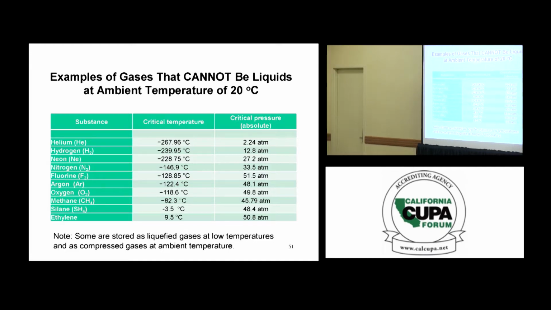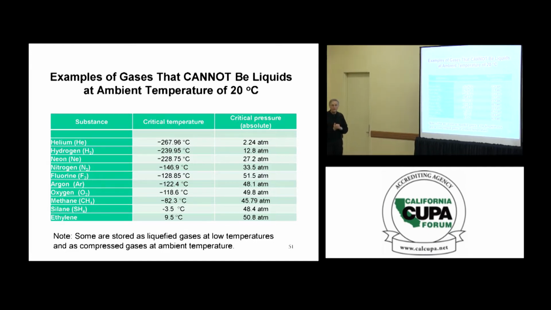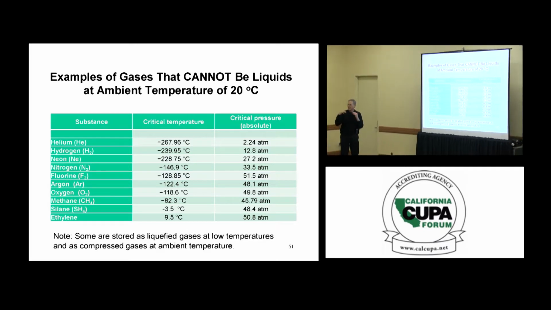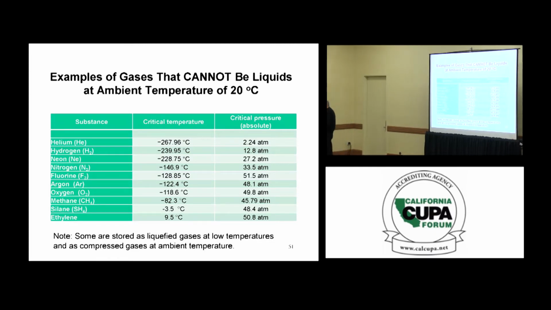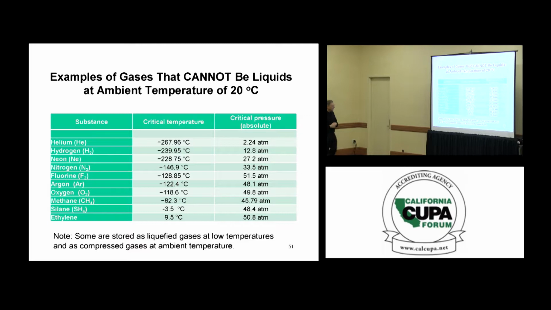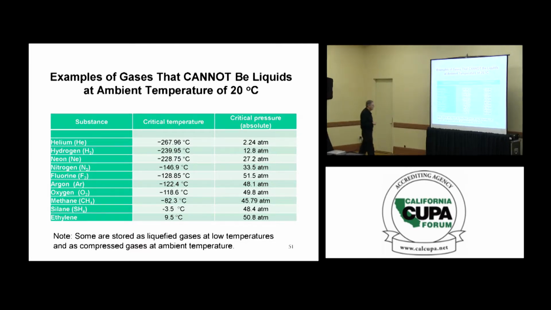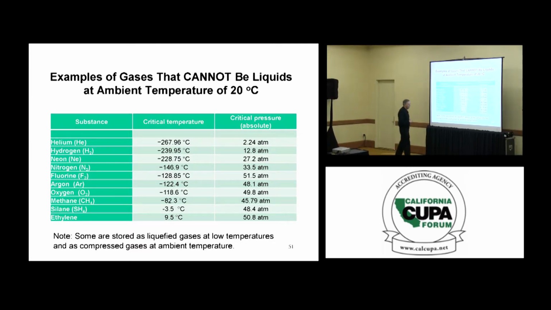And this is what a number of people in the CCPS have asked me to talk about today, because they said this confuses us. Now, ethylene, 9.5 degrees C. So on a cool day in California, let's say on the Texas coast there are dozens of ethylene facilities.